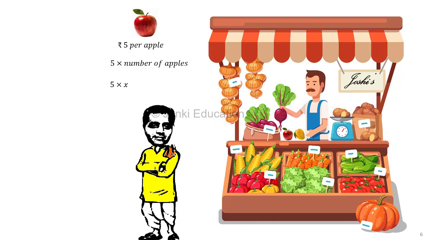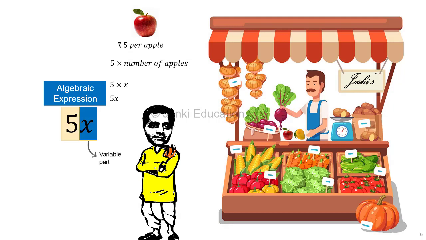So 5 into x, which can be written as 5x. This 5x is the amount of money this gentleman will pay for buying these apples. Clear? Now try to understand this 5x. It is also called an algebraic expression, where x is the variable part and 5 is the numerical part. The variable part may have one or more variables, and the numerical part is called, yes, the coefficient.